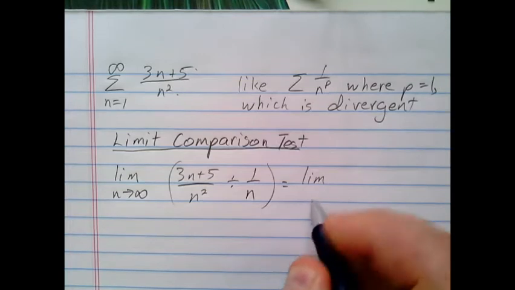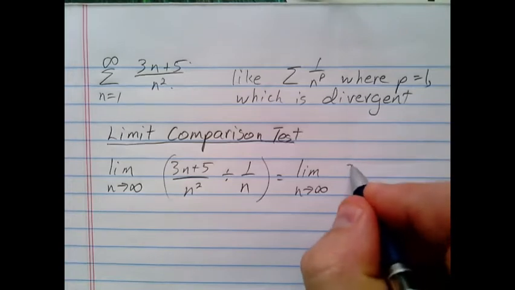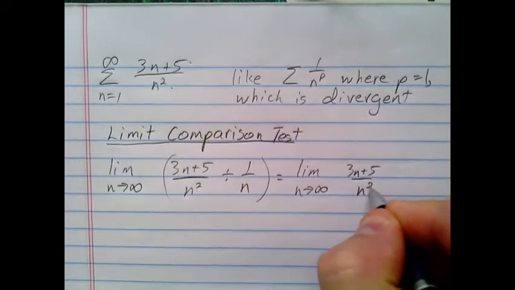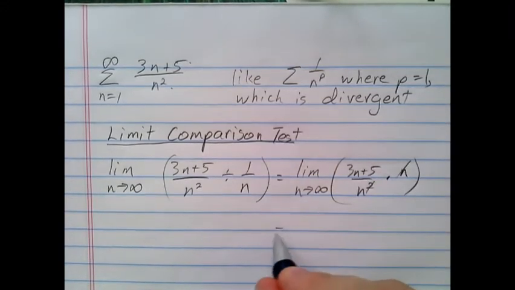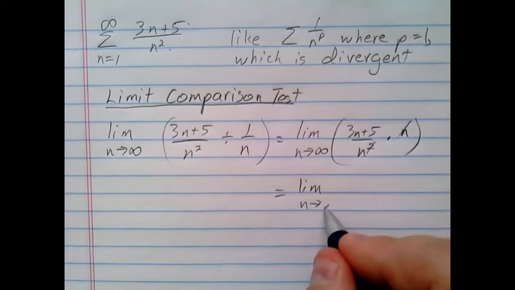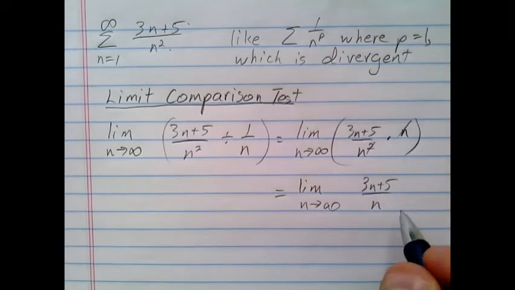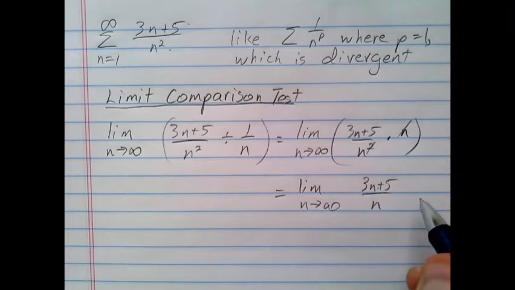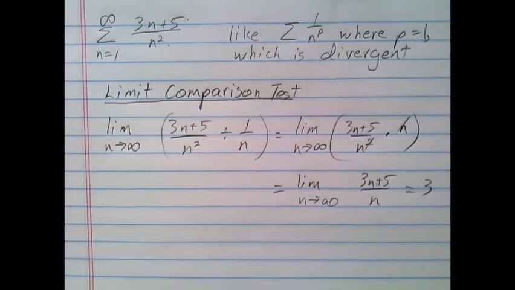That would be the limit as n goes to infinity of 3n plus 5 over n squared times n. But then I can do a little canceling and say, alright, well that's the limit as n goes to infinity of 3n plus 5 over n. Now, since the degrees match, I can say, well, that's just 3. Now remember, for the limit comparison test, all that mattered was that the limit was a finite number other than 0.